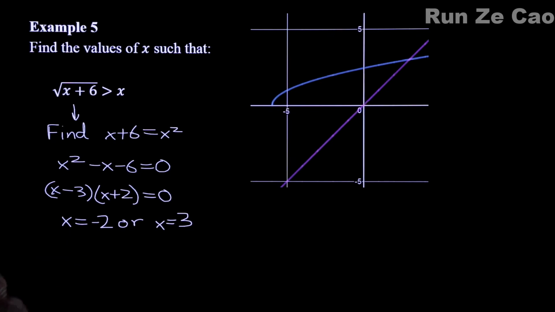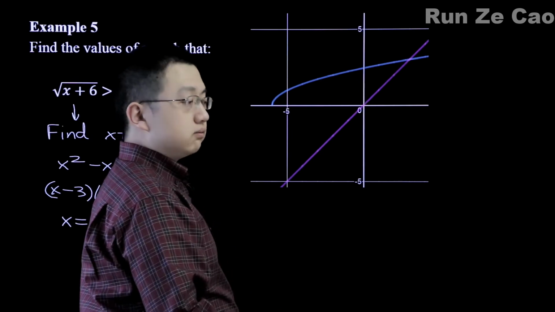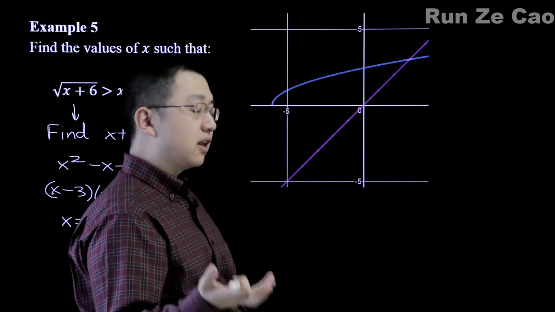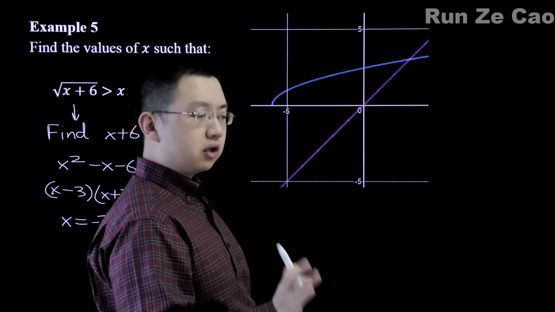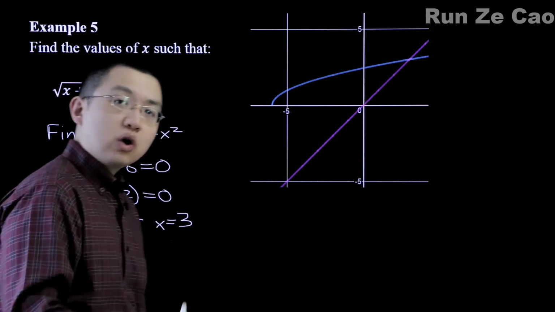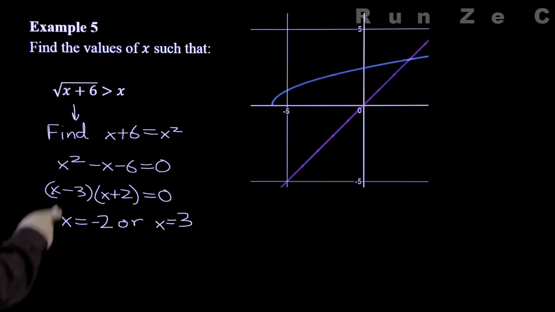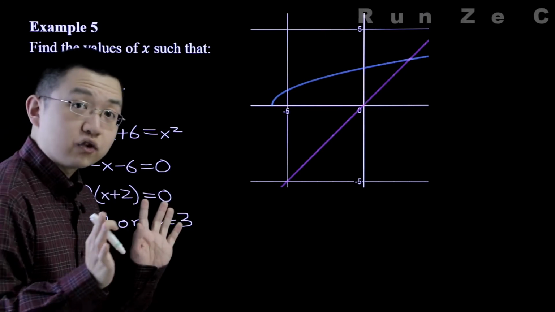Now, technically speaking, x equals negative 2 is perfectly correct because the square root actually has both a positive root and a negative root. However, for now, our current convention is that the square root represents the positive root. If it has a plus minus in front, on the other hand, that would be something completely different.